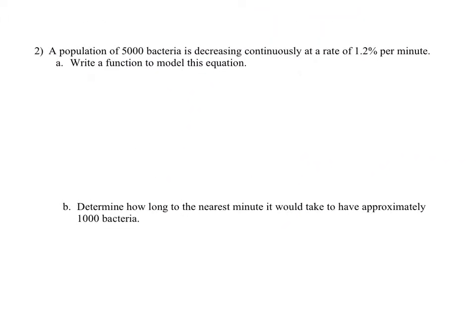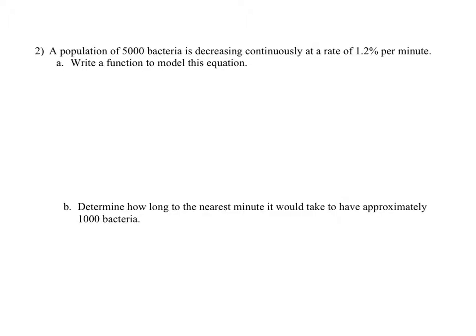So this one shows a little decay. The population of a bacteria is decreasing continuously at a rate of 1.2%. Now when we deal with population, it's quite often this PERT formula that we're going to use. So write a function to model this. If they say function, remember you do have to make sure you write it in function notation. So the letter doesn't matter, but you do have to write it with the parentheses like it's a function.